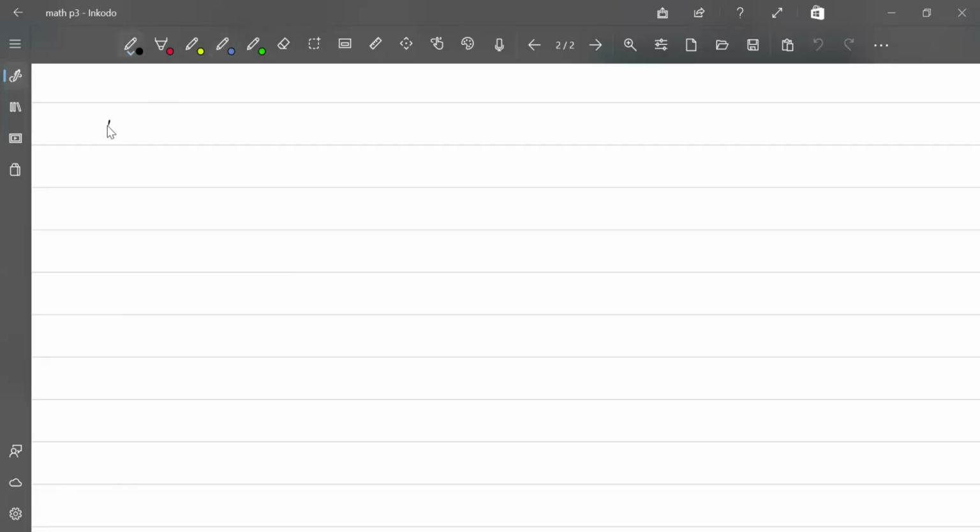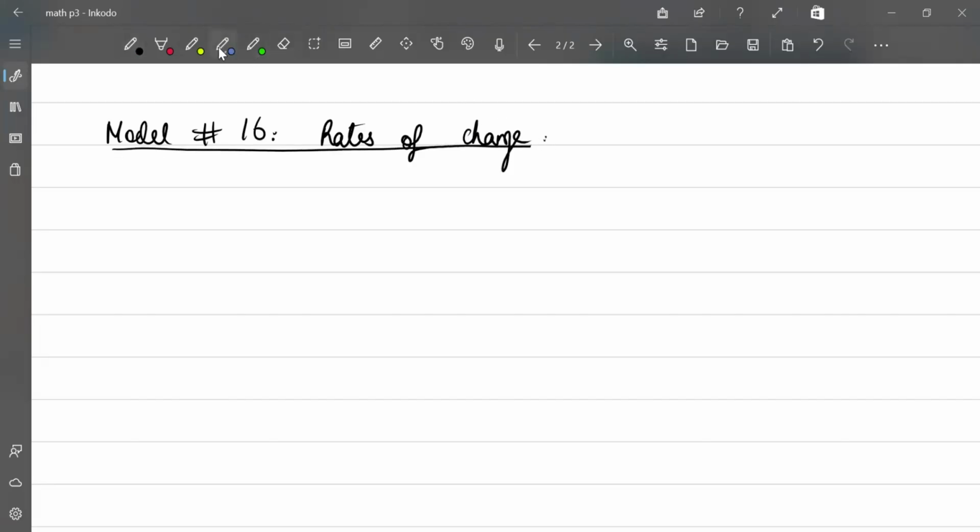Model number 16. And that is rates of change. So just start writing.